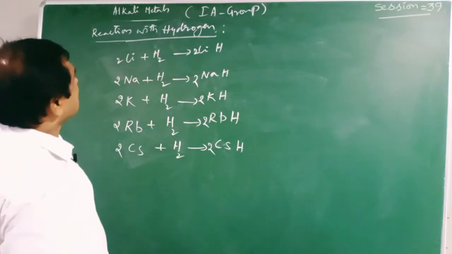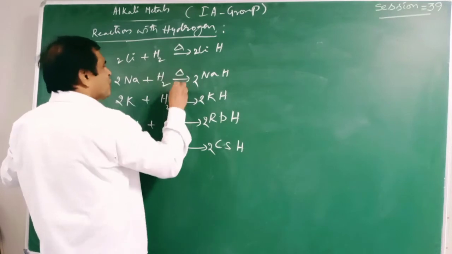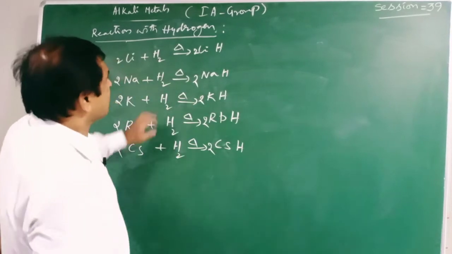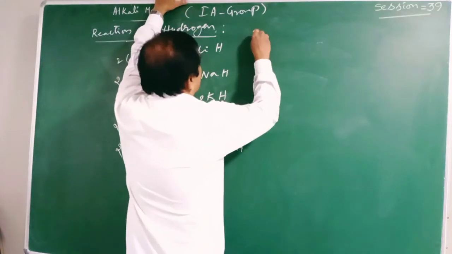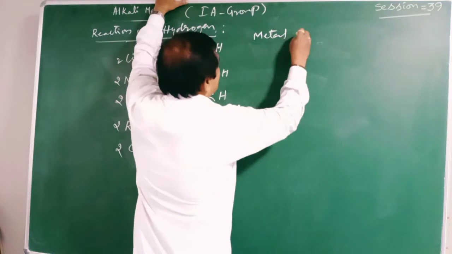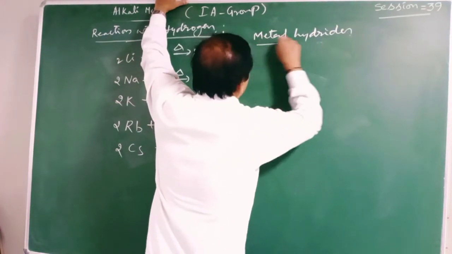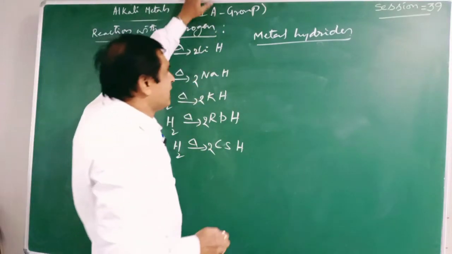Alkali metals react with hydrogen and form the corresponding metal hydrides. What is the nature of the metal hydride?